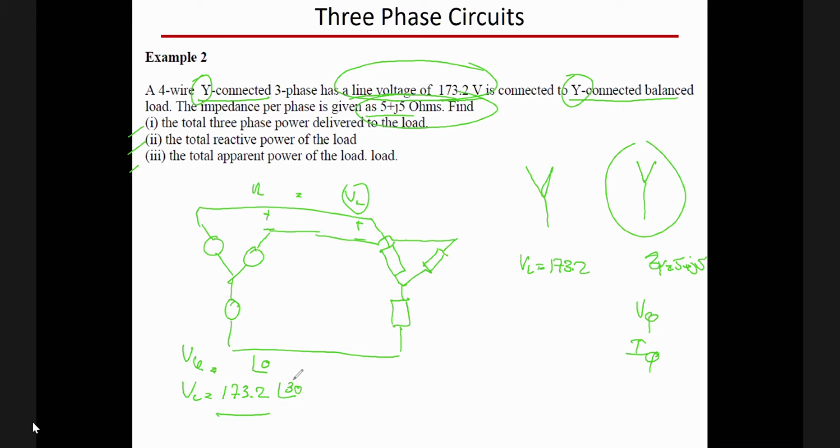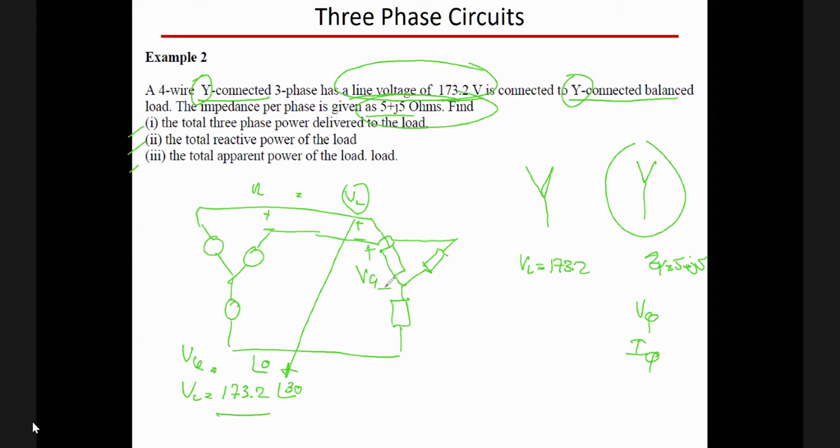Yes, minus 30. Good. So let's assume here that the angle of the phase is 0 and the angle of the line is 173.2 plus 30. So this voltage here is 173.2 angle 30.